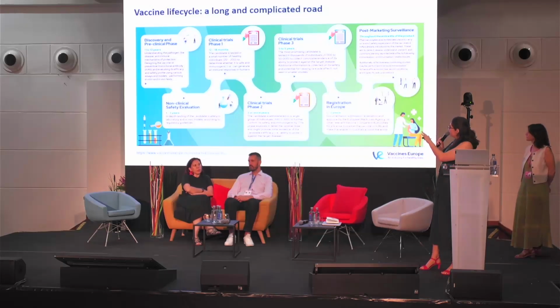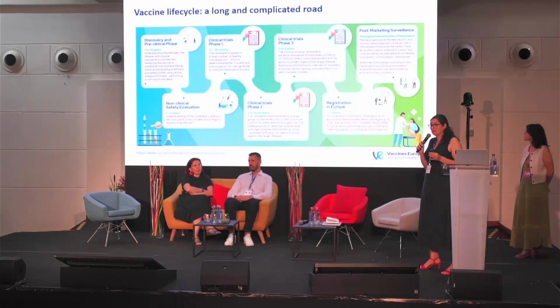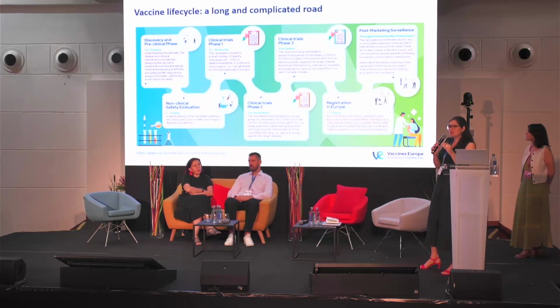Once you've done that, you go to phase 2, 2 or more years, and here you're already in 100 to 2,000 people. And you try to continue building this database of safety and immune response. You start seeing a little bit, maybe the dose, the number of doses you need. You start optimizing the vaccine schedule.